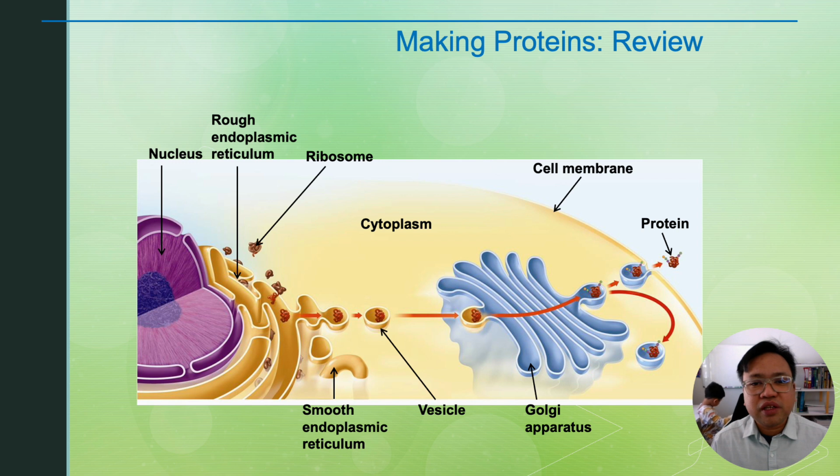Proteins are transported to the Golgi apparatus in vesicles, which are small membrane-bound structures. What happens to proteins leaving the Golgi apparatus? Proteins leaving the Golgi apparatus are either sent out of the cell or delivered to specific locations within the cytoplasm to carry out their functions.